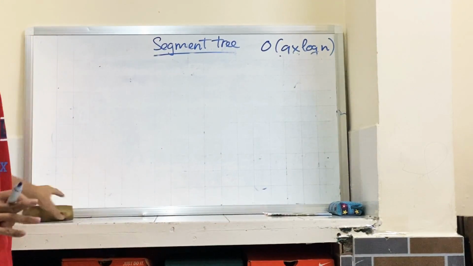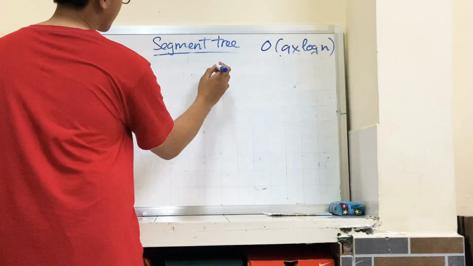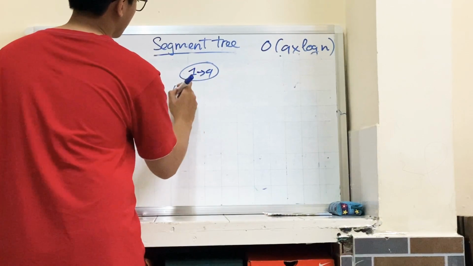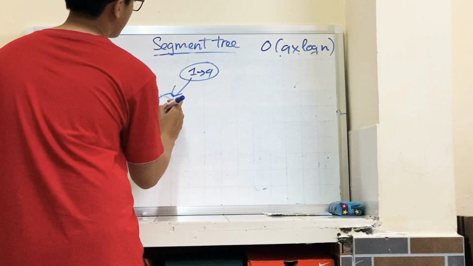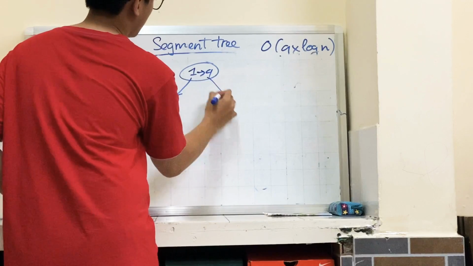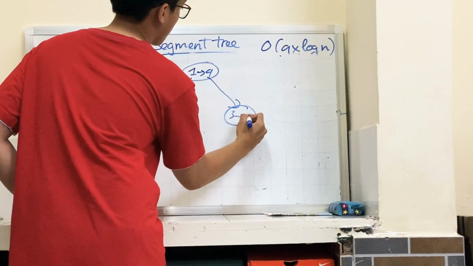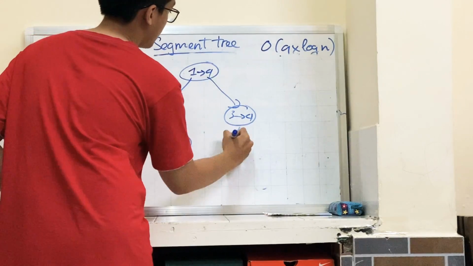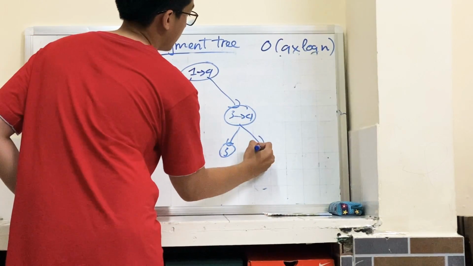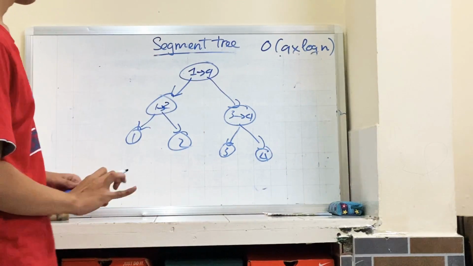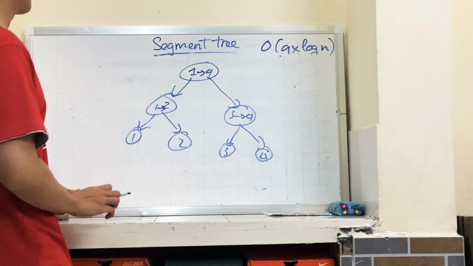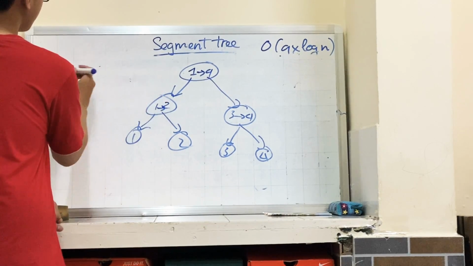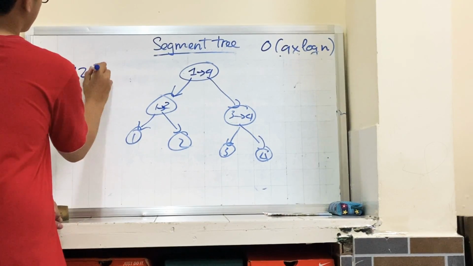So if we already built a segment tree, for example an array of 4 elements, like 1 2 0 9.